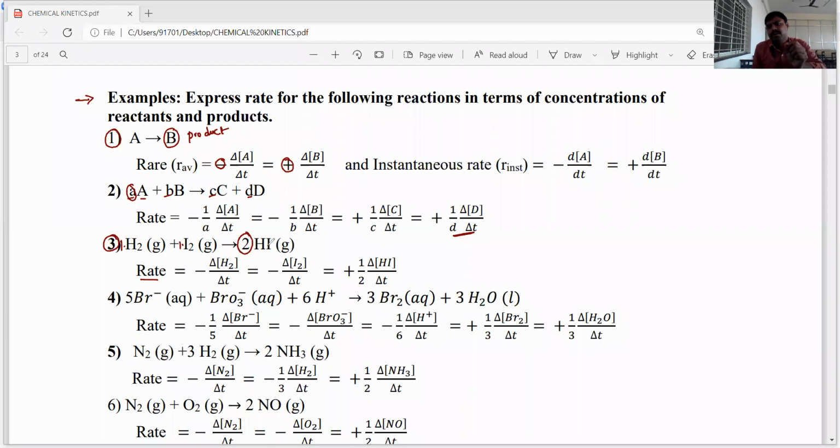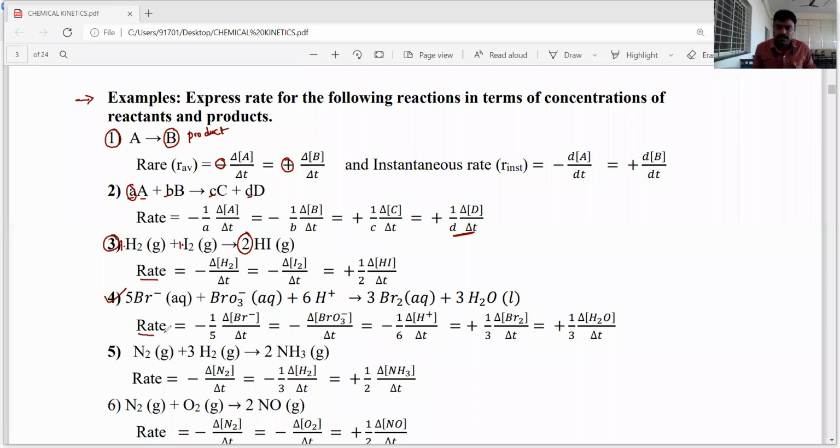With respect to HI, the average rate is equal to plus 1 by 2 into delta HI by delta T. Okay, the fourth example: 5Br minus plus BrO3 minus plus 6H plus ions is converted into 3Br2 plus 3H2O. For this equation, we have to express the average rate.